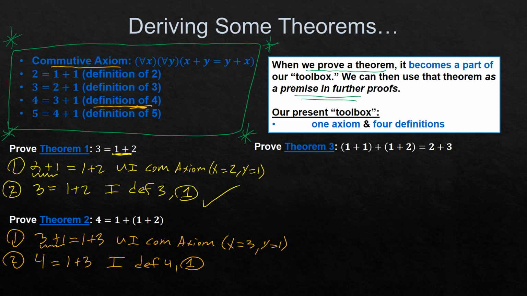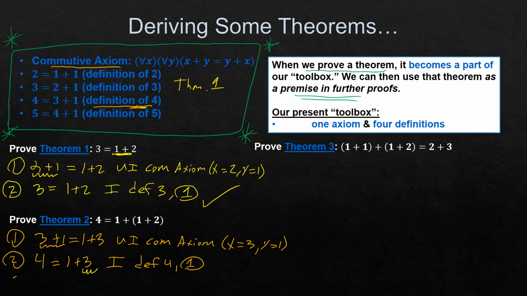And now, notice that we do have theorem 1 in our toolbox, that 3 is equal to 1 plus 2. And so we can substitute that 1 plus 2 in for that 3.